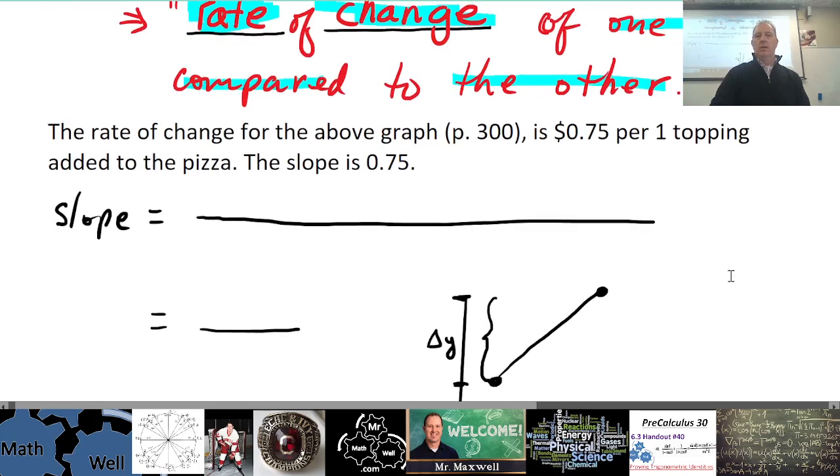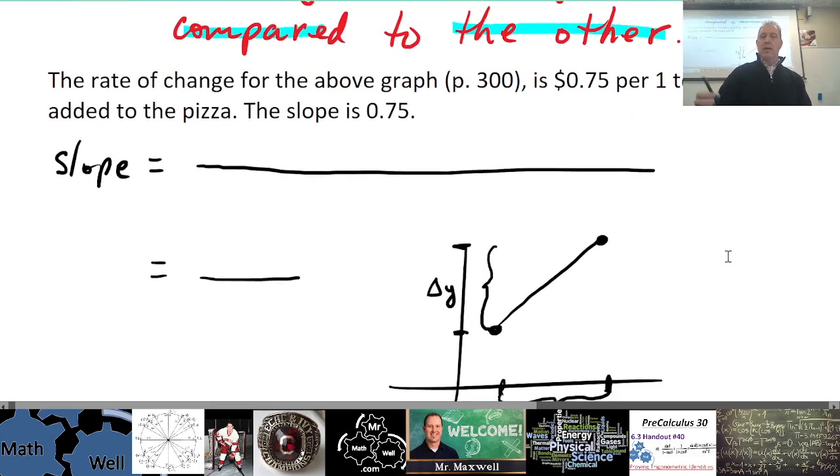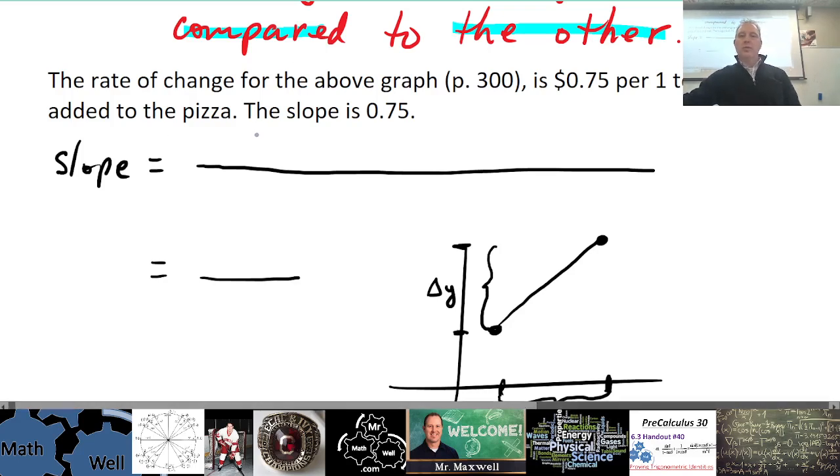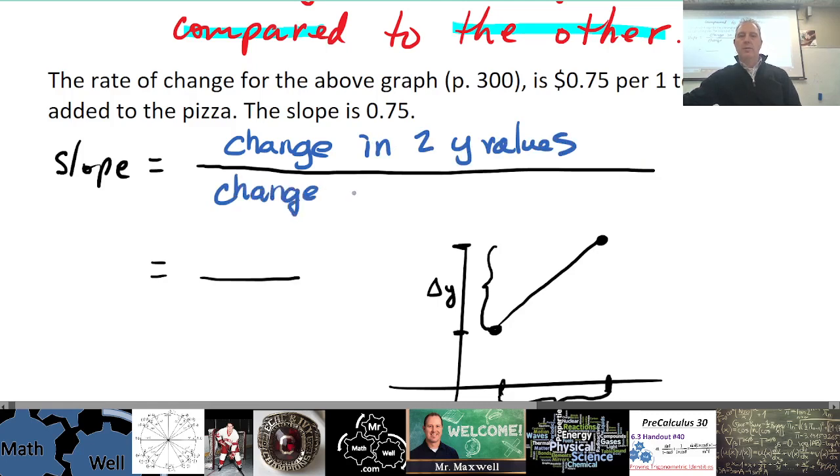Okay. The slope, now how do we interpret that from the graph? So the slope also equals the change in 2 y values divided by the change in the 2 corresponding x values.